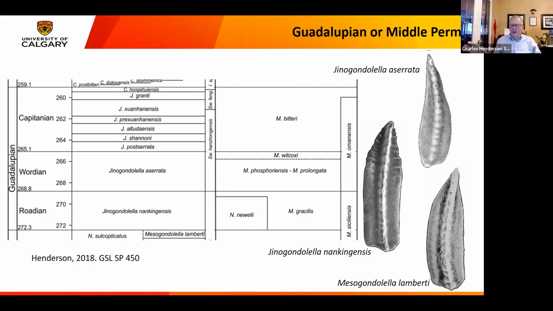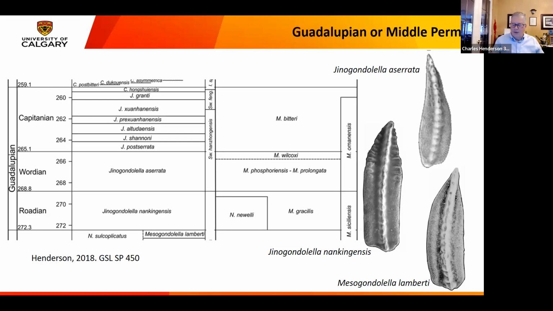So the fact that there are serrated forms, but much more subtly serrated forms lower in the section at Stratotype Canyon is really not an issue. In fact, I would say it's a positive, because now we're not looking at just this sudden first appearance of serration, but at a much stronger evolutionary event.